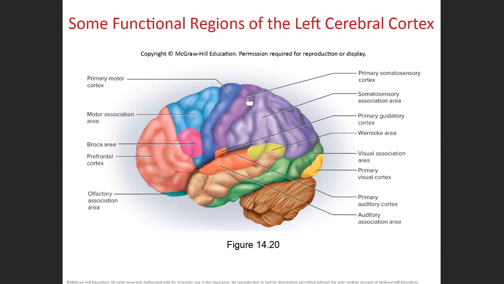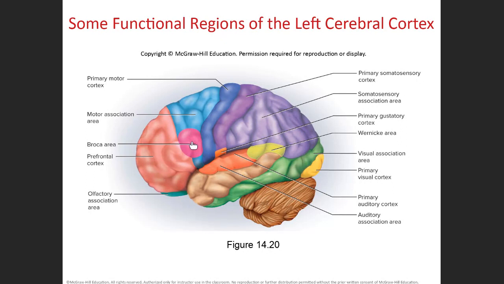Remember, this is dealing with sensation. A lot of your motor function is going to be just anterior to your precentral gyrus. So we have our premotor cortex here. A lot of people call this the motor association area. Remember the Broca's area? So the Broca's area is affected in stroke.